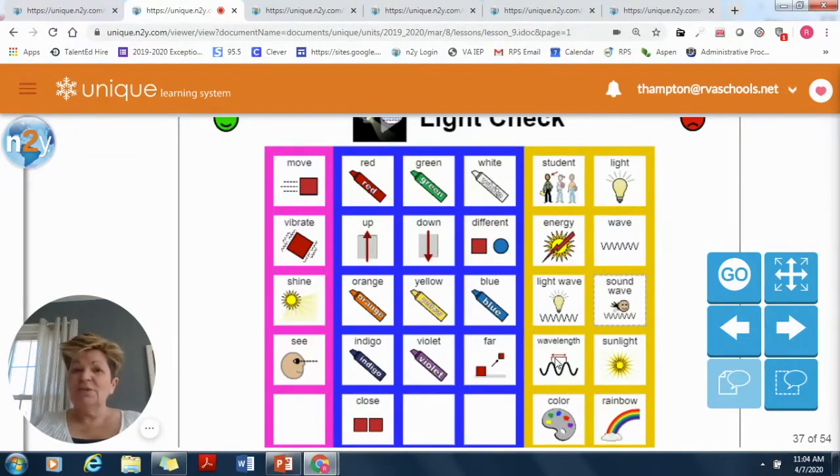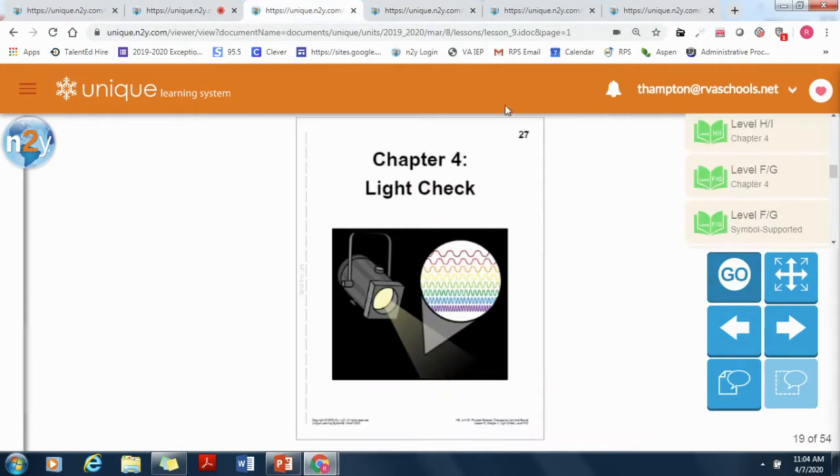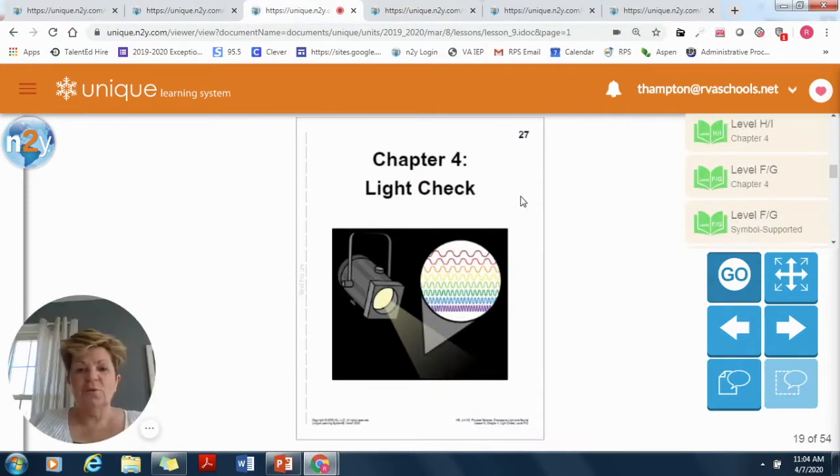So that has something to do with light as well. So we're going to need wavelength and sun. And then, just as we went over all of these different colors, we are also going to be talking about, well, what's the easiest way to remember those? And it's going to be the rainbow. All right, we're all ready to go. Let's go ahead and take a look. We have Chapter 4.